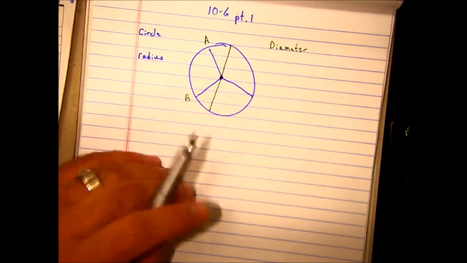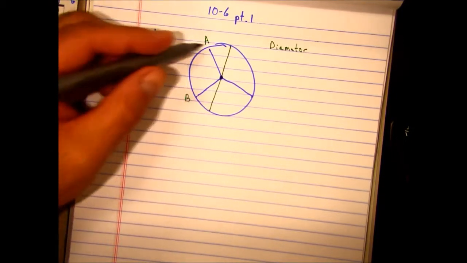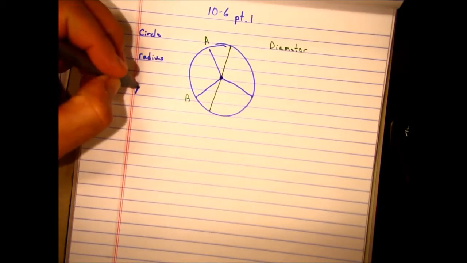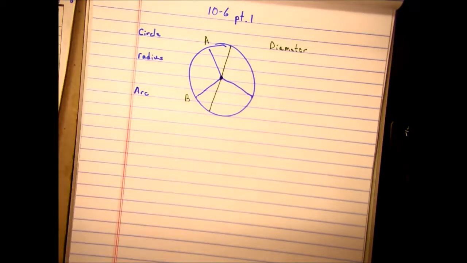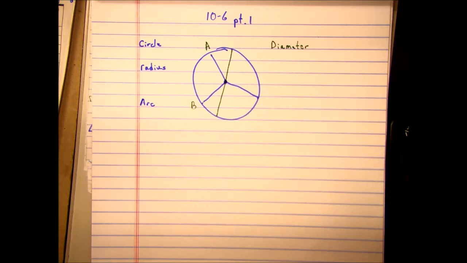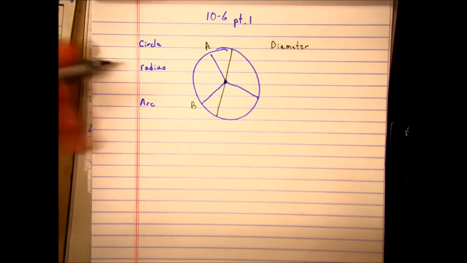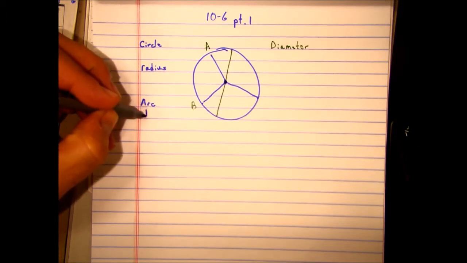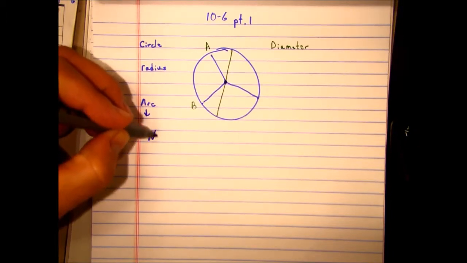A piece of the circle is called an arc, A-R-C, not A-R-K, not the thing that Noah built for all of his animals. This one is A-R-C, an arc, and it's a piece of a circle. But you name things, so now we're going to talk about naming things.